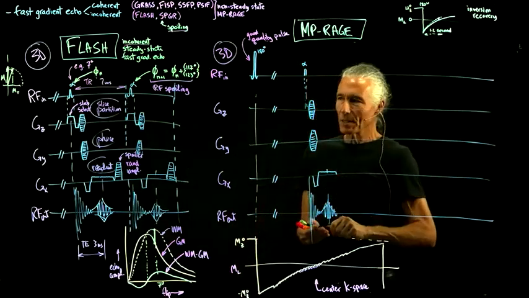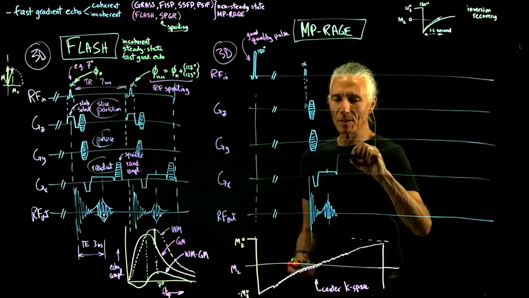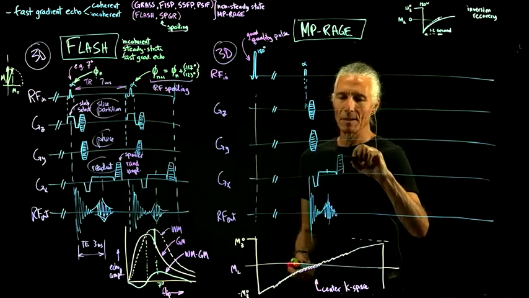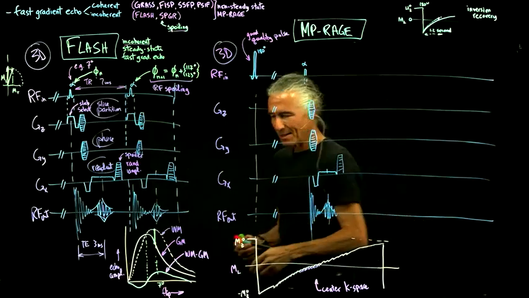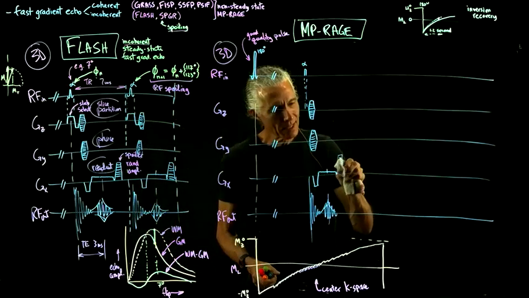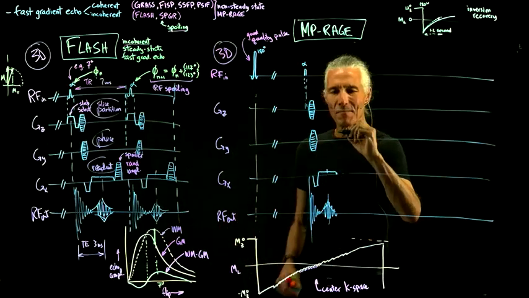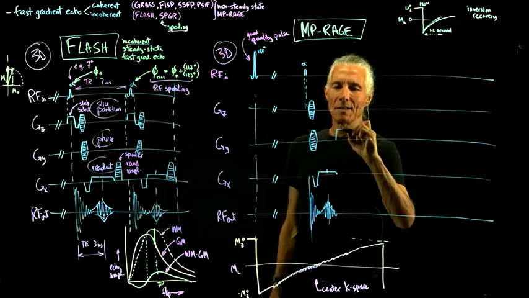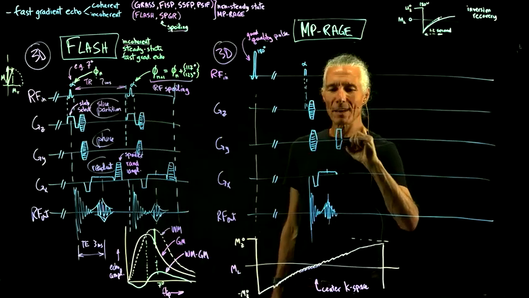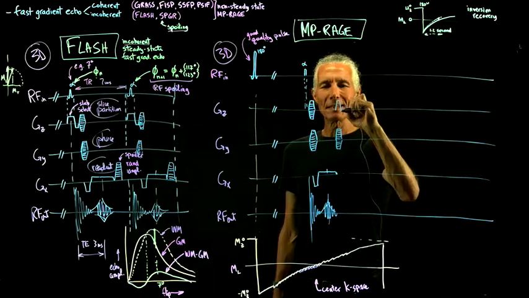In the very first version of MPRAGE, they put a spoiler in over here. But it turns out that doesn't work as well, and so the current MPRAGE doesn't have a spoiler. Instead, what it has is a fixer. So it has something that looks more like GRASS, but just in the partition direction and the phase encode direction.